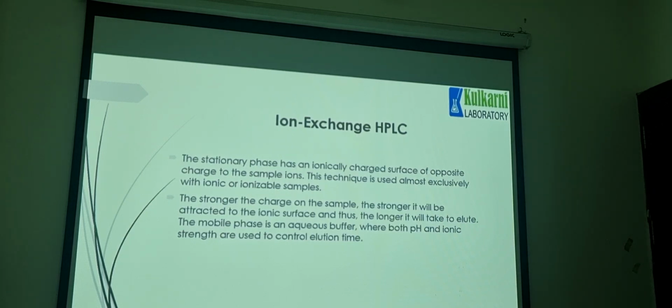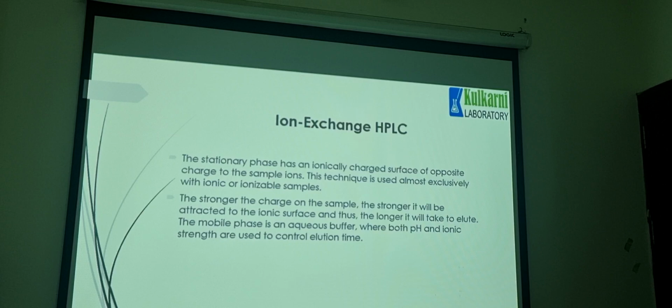This technique is used almost exclusively with ionic or ionizable samples. So ion exchange chromatography is basically concerned with what? Ionic or ionizable samples, because it is based on the charges.